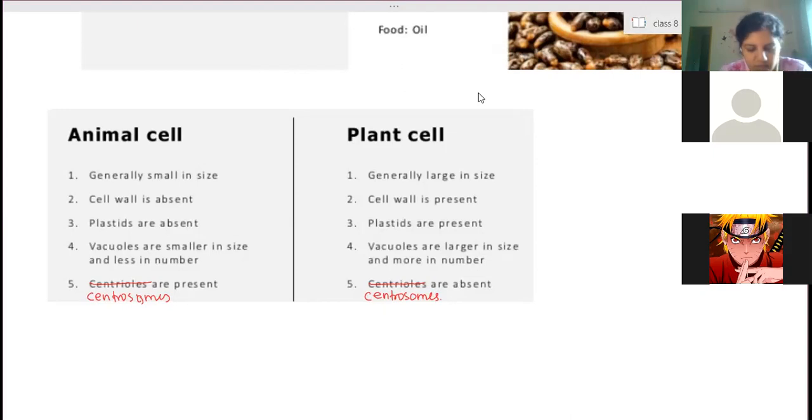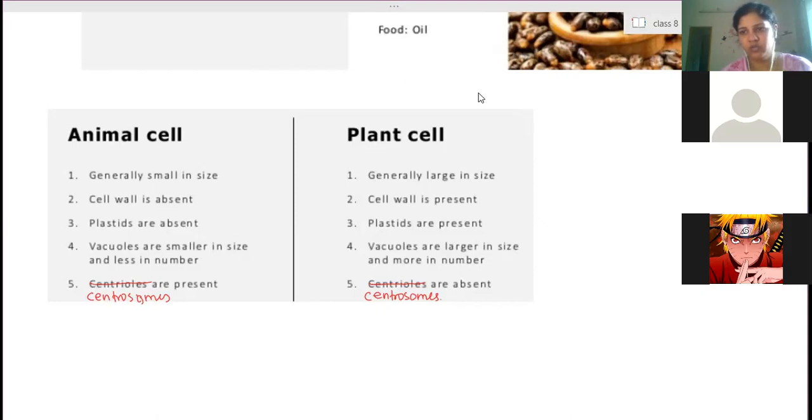Now there is one more point, that is the prokaryotic cell and the eukaryotic cell. What do we mean by prokaryotic and eukaryotic? Prokaryotic is a primitive cell. Many organelles are not present. The earliest, very simple organisms, unicellular organisms, have these cells, which follow very basic functions.